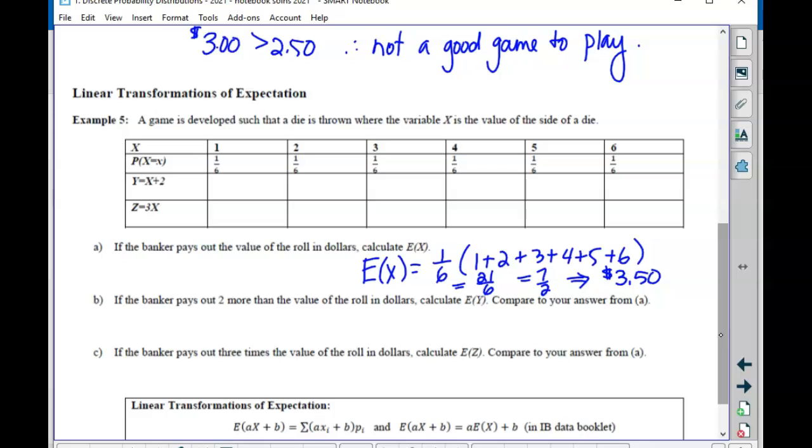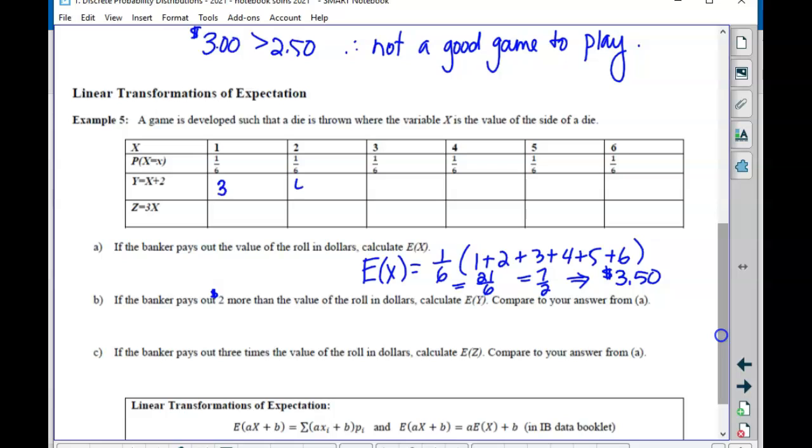Okay, so now it says if the banker pays out $2 more of the value roll in dollars, calculate E of Y. So you take a look here. If this was the original, and now the banker's going to pay out $2 more than this, then this is going to be 3.